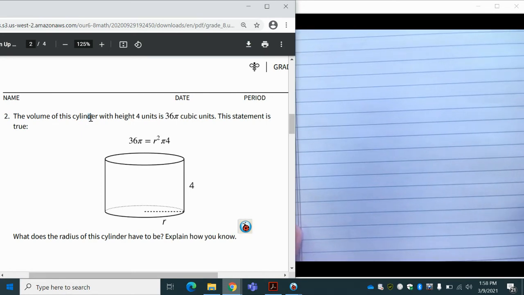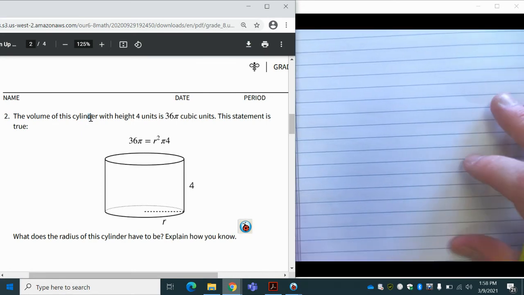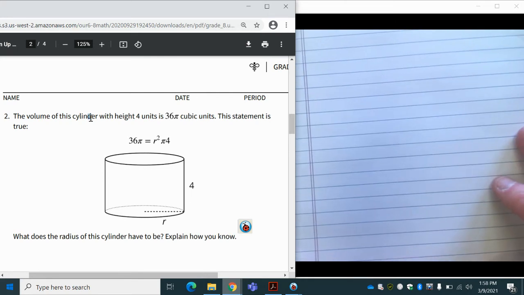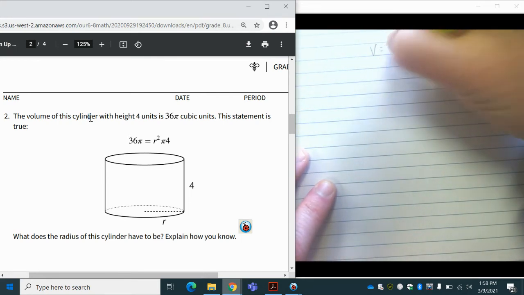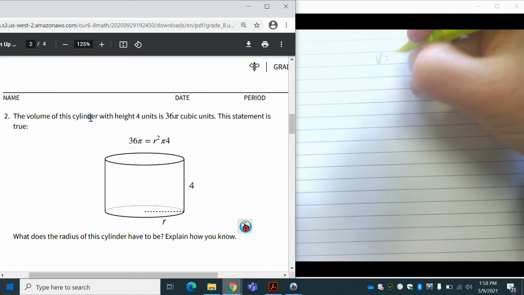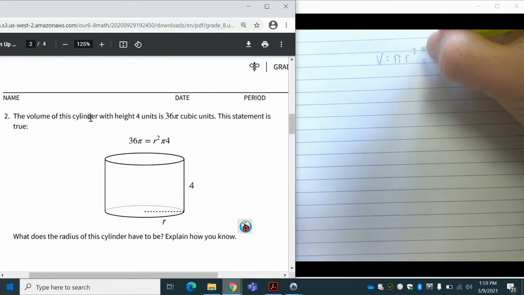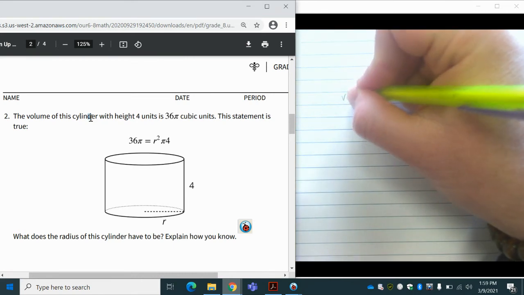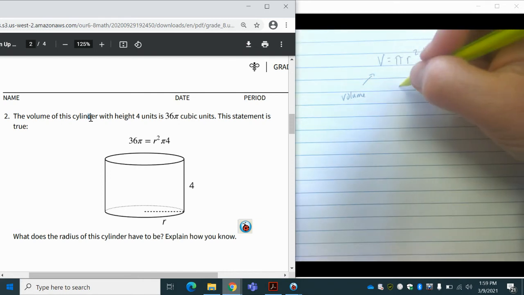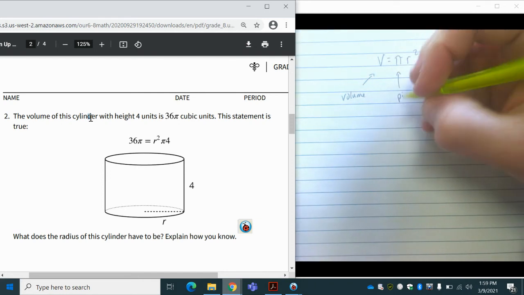So remember, as we just saw, the volume of a cylinder is equal to the area of a circle, which is pi r squared, times the height. So this, we already know, is the volume. Pi is a constant number.